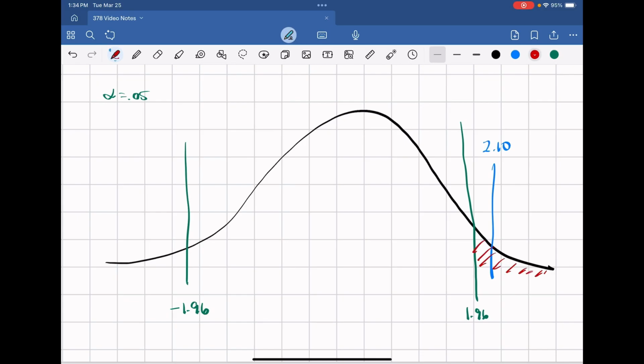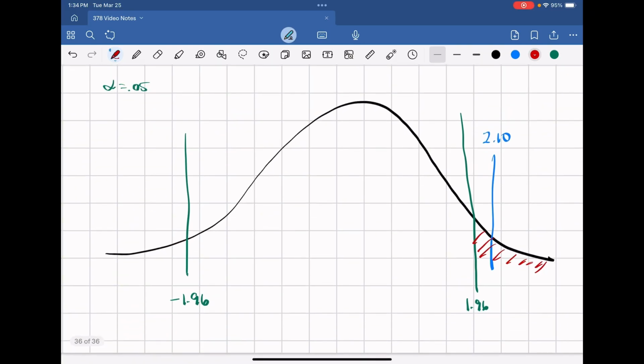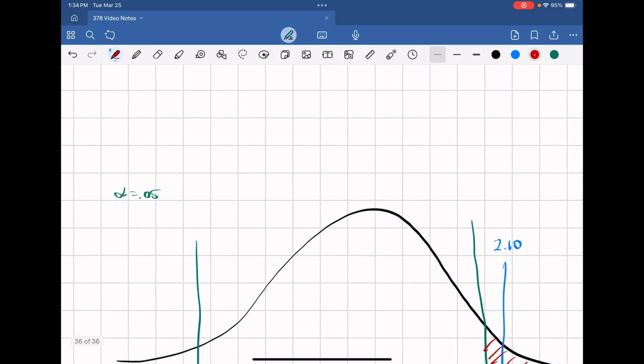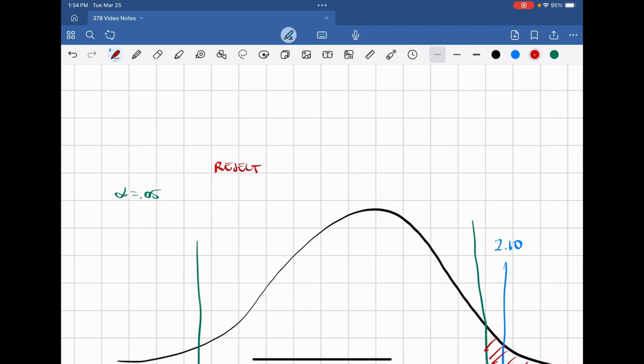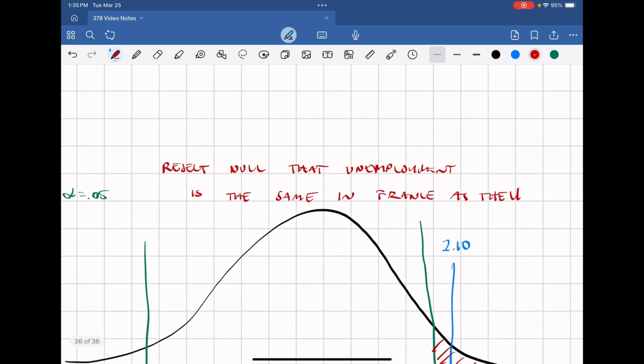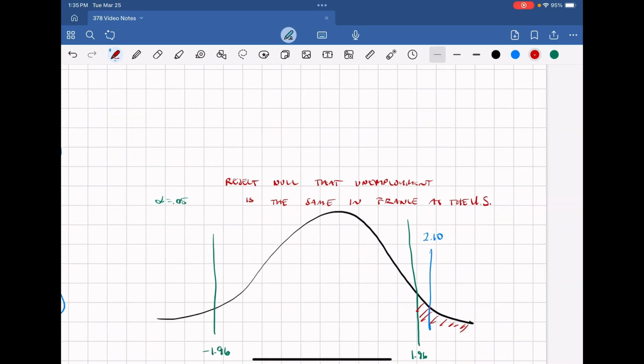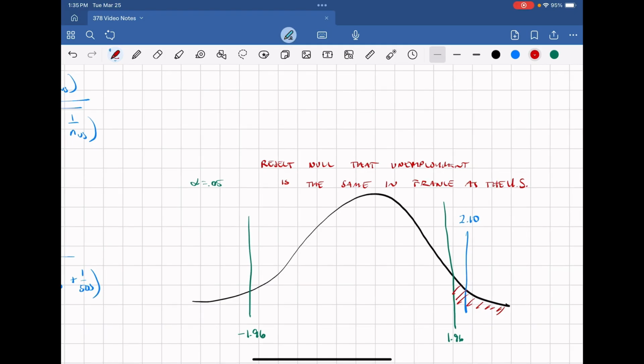Therefore, this value falls within the rejection region. So I would reject the null that unemployment is the same in France as the US. And that's how I can calculate it from there.